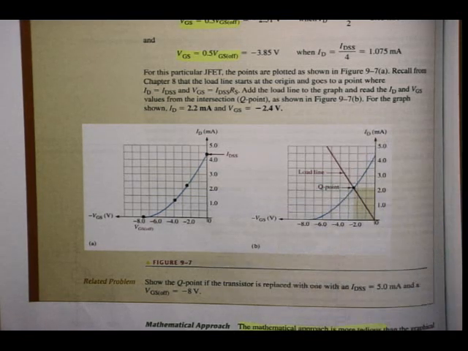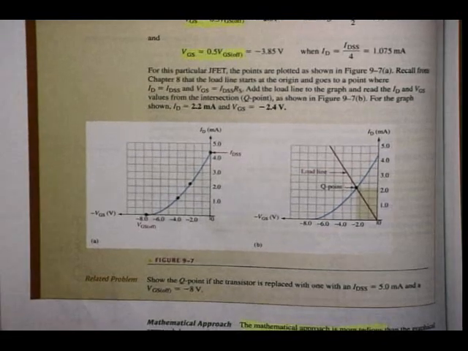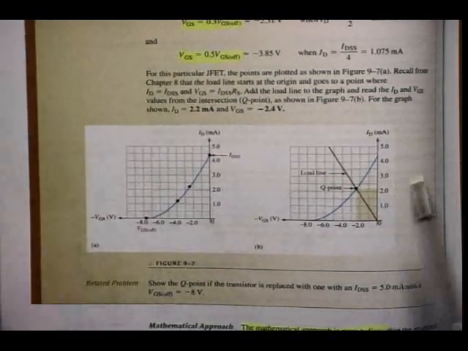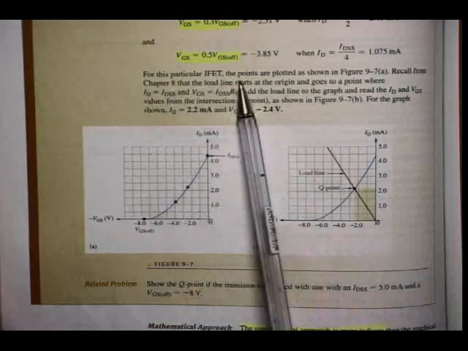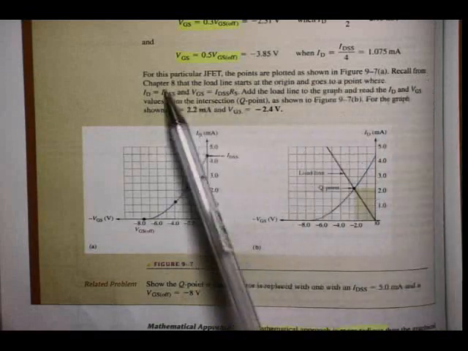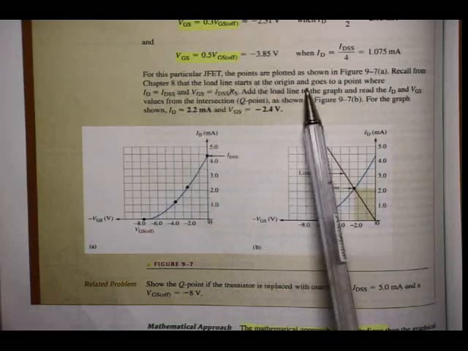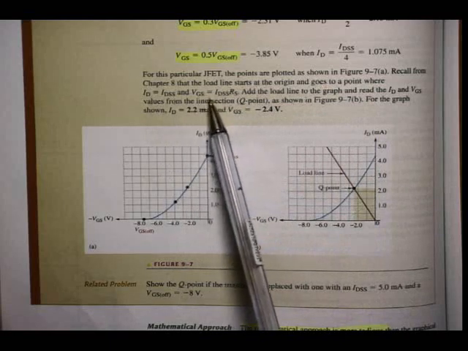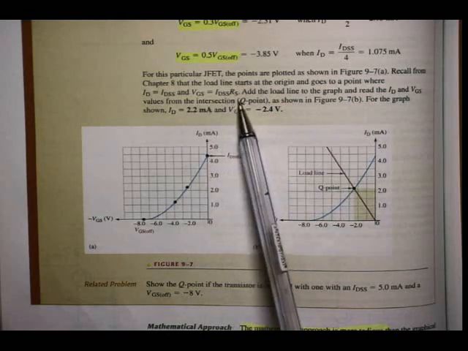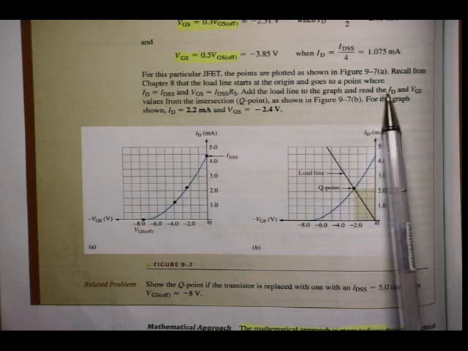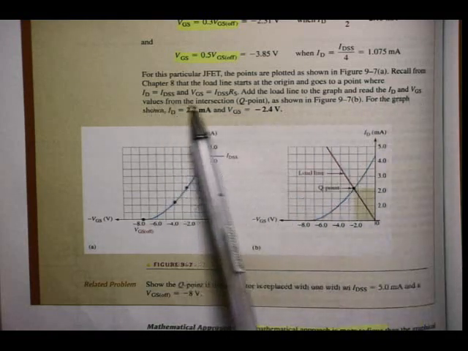So this is a quick method to draw the curve so that you can do your calculations here. Now anyway, for this particular JFET, the points are plotted as shown in figure 9.7a. Recall from chapter 8 that the load line starts at the origin and goes to a point where ID is equal to IDSS and VGS is equal to IDSS times RS. Add the load line to the graph and read ID and VGS values from the intersection.